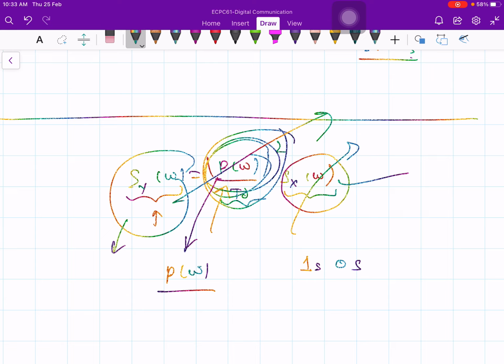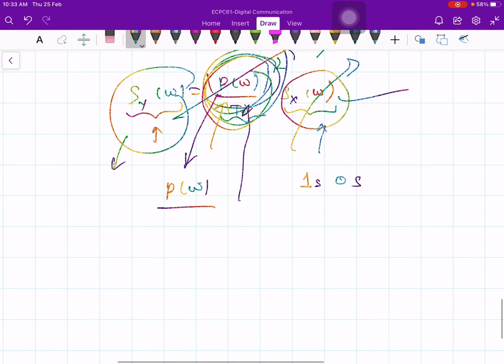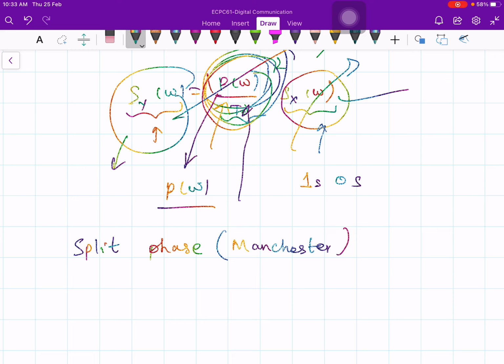Therefore, till now we considered Sx of omega. Now let us concentrate on P of omega, and that leads to one more kind of line coding scheme, which we will just briefly discuss here, known as split phase, or sometimes called the Manchester coding scheme or signaling scheme.